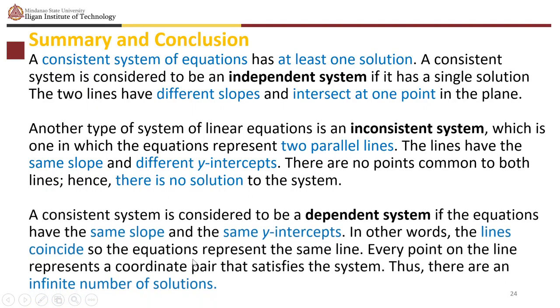On the other hand, if you have a consistent system which is dependent, they have the same slope and the same y-intercepts. That means the lines coincide, so it has an infinite number of solutions.